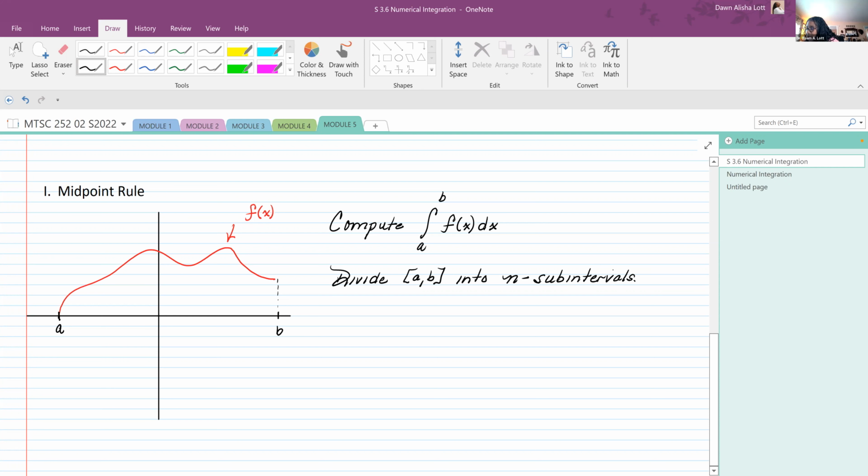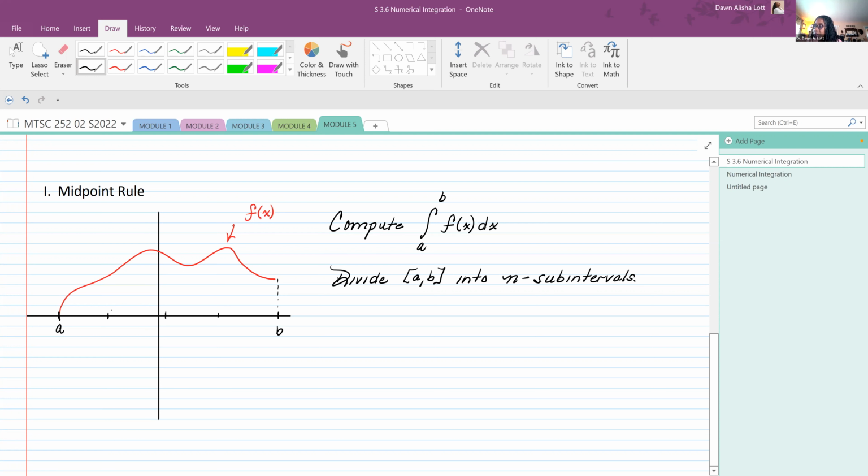Let's say, I think I did 6 of them in the other class, so I'll do the same thing here. Actually, maybe I'll just do 4. Okay, so I have 4 subintervals.